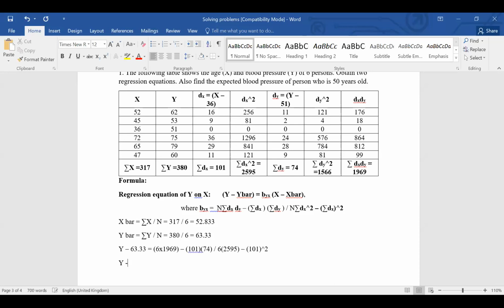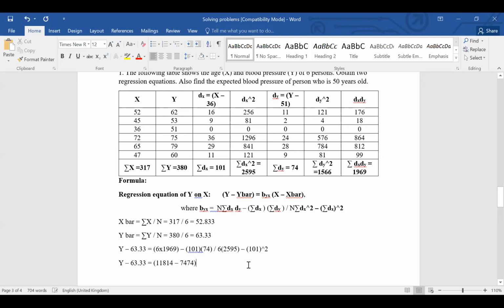Y minus 63.33 equal to, what is 6 into 1969? It is 11,814. 11,814 minus 101 into 74, which is 7,474. This is the numerator value.